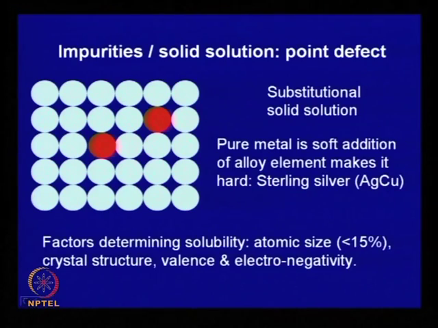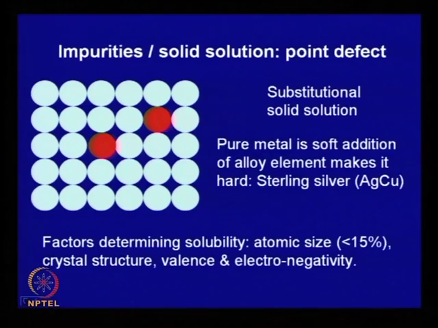And when you mix in this atom, where does it go? Which is pictorially shown here. There are two sites basically. Suppose this is a metal A and this red one is metal B. If you add some amount of metal B, it can replace some of these atoms from their normal sites, and they are substituted by metal B.